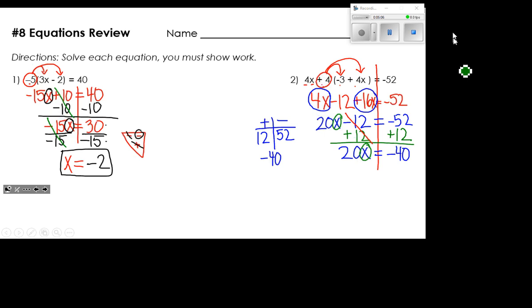We are still trying to isolate the x to get it by itself. And so now we can easily see that we need to get rid of the 20. So the opposite of multiplication is division. We will divide both sides by 20. And we've done something to both sides, so now we have to cancel.